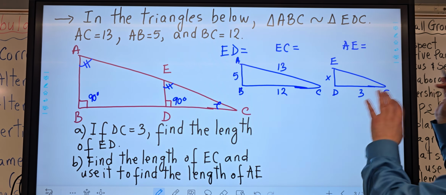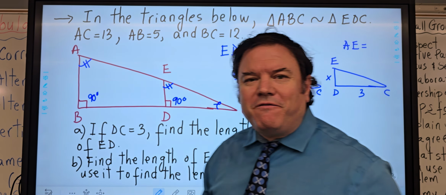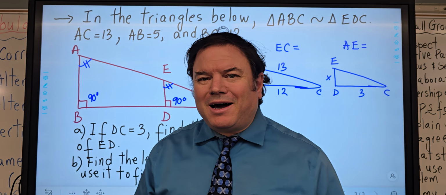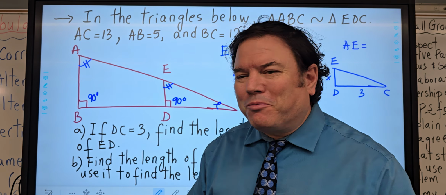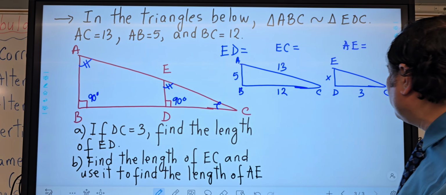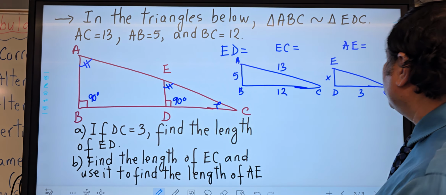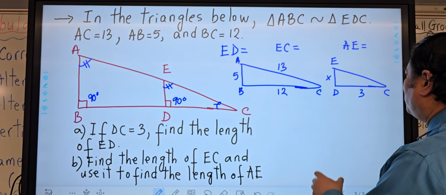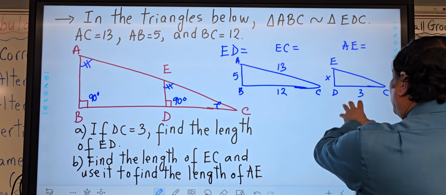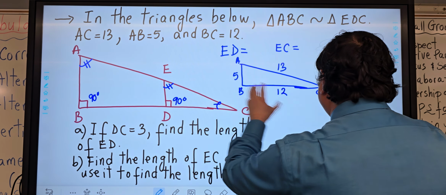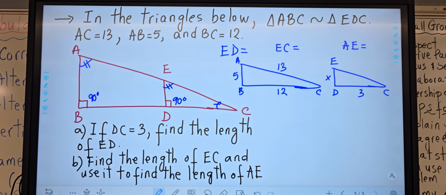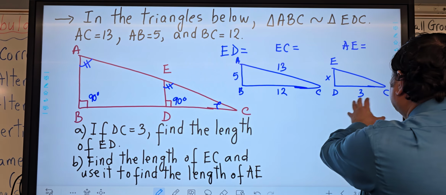We know that these triangles are similar, therefore corresponding sides are proportional. So let's use that information to solve for x. It's up to you where you want to start. If you start from the smaller triangle and go to the bigger triangle, or vice versa, you should get the same thing. Let's start from the smaller triangle this time.